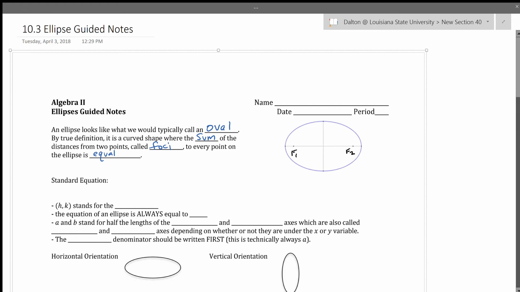We know that the radius of a circle is that equal distance from the center point to every point on the circle. What can you tell me about the radius or any of the radii on an ellipse? Or can you define for me what part of the circle is a radius?